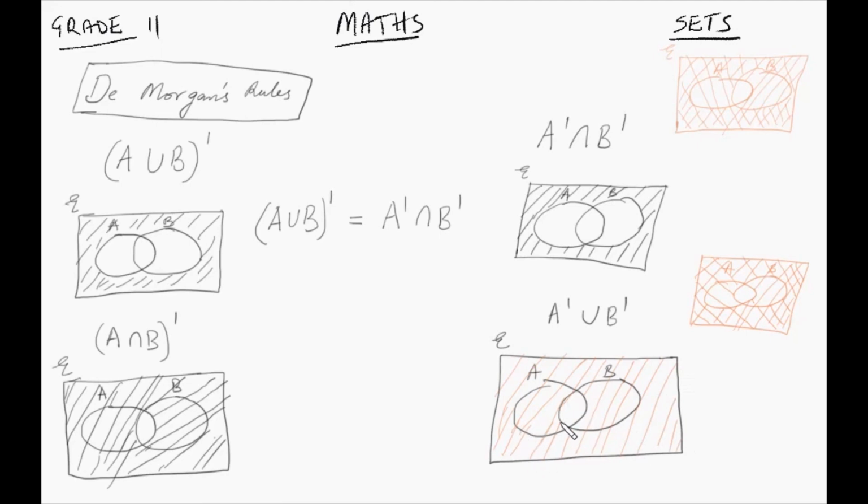You can see that the only region that is not shaded is this one. So that's also De Morgan's rule. What does it say to us? It means that A intersect B all complement will be equal to A complement union B complement. These two are De Morgan's rules.